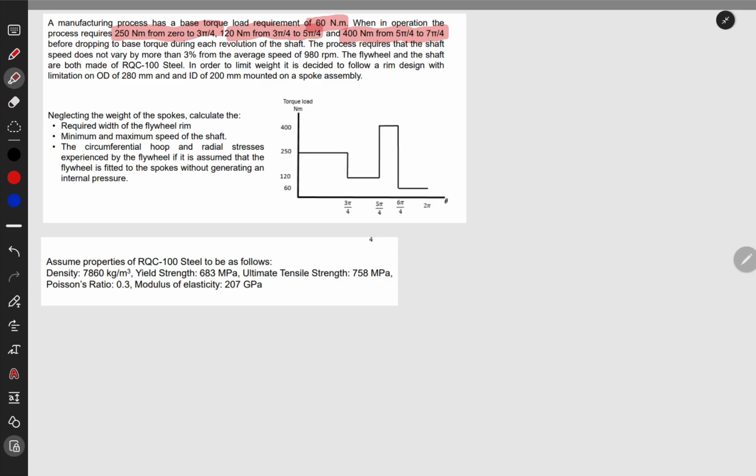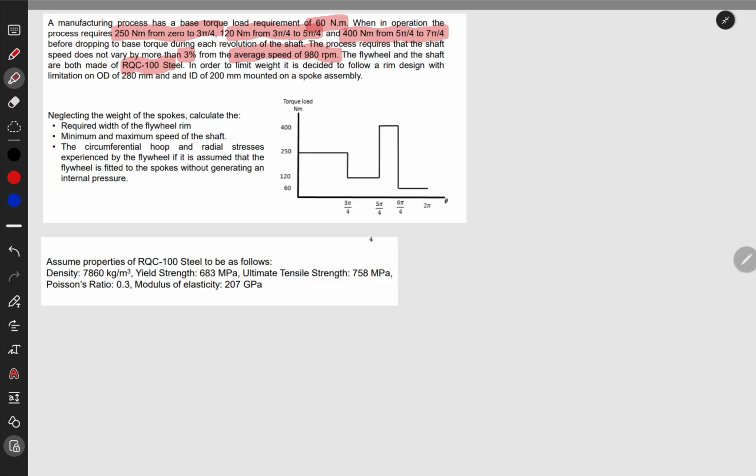The process requires the shaft speed does not vary by more than 3%, and then the average speed is this one in RPMs, and then this is the type of material it's made of.